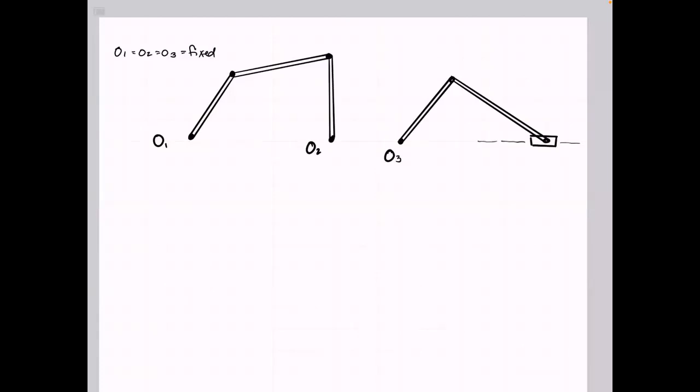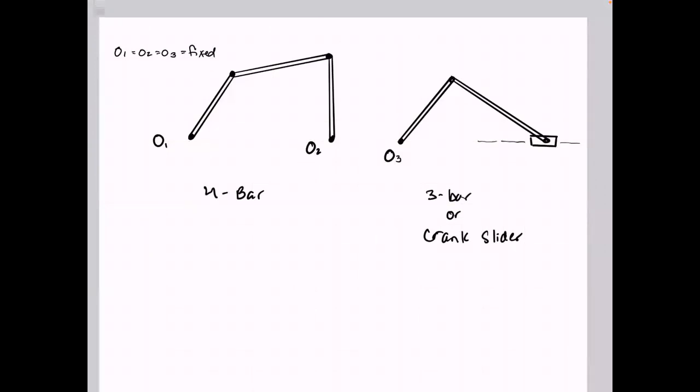So here we have two mechanisms. The one on the left is typically called a 4-bar mechanism, and on the right, it is a 3-bar or crank slider. It can be referred to as both. On the left side, this is 1, 2, 3, 4, or you might have these labeled as A, B with O1, O2.